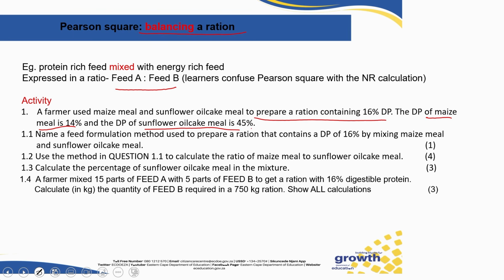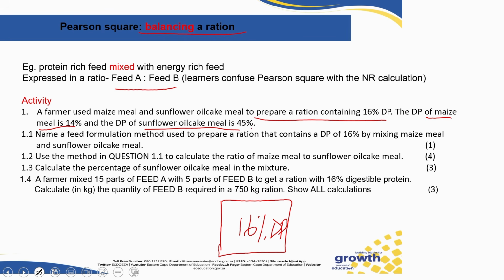The desired one, the ration the farmer prepares, they know that you put it in the middle of the Pearson square. A farmer wants to prepare a ration containing 16% DP, so they put it in the middle, which is well and good.